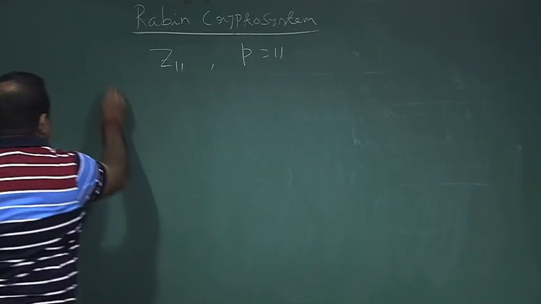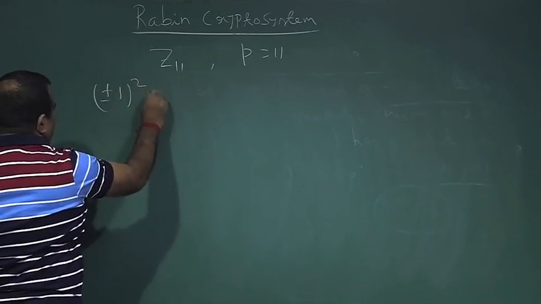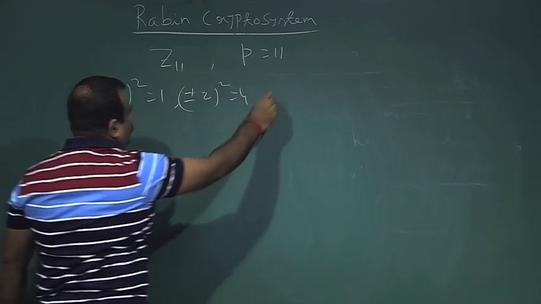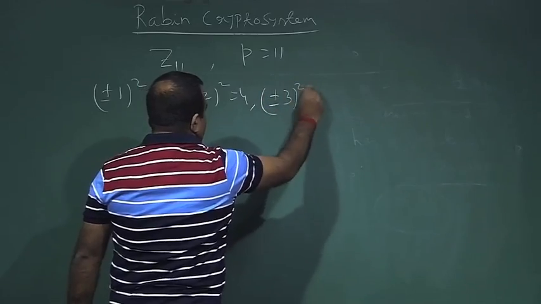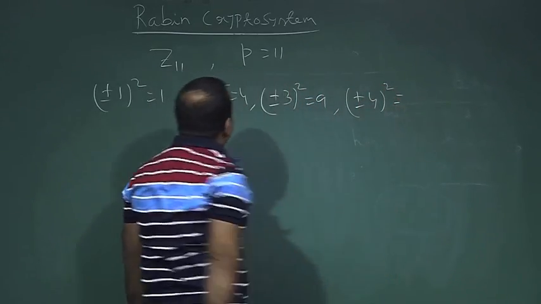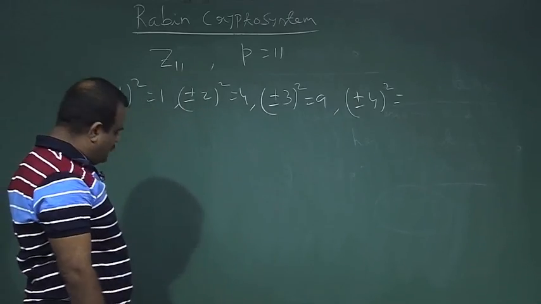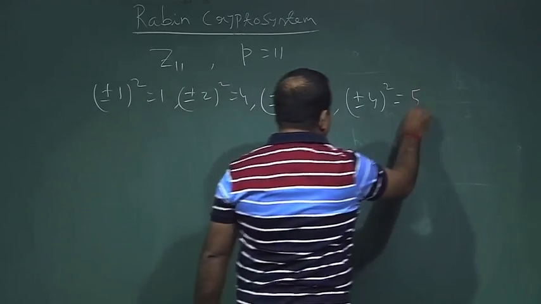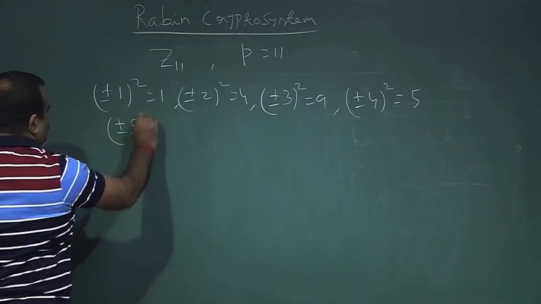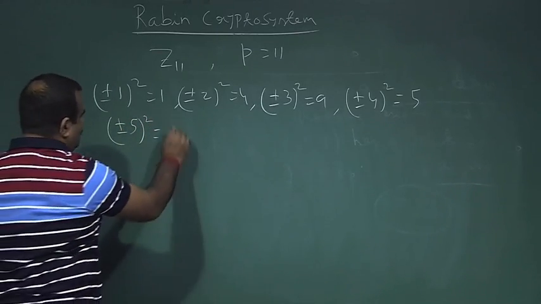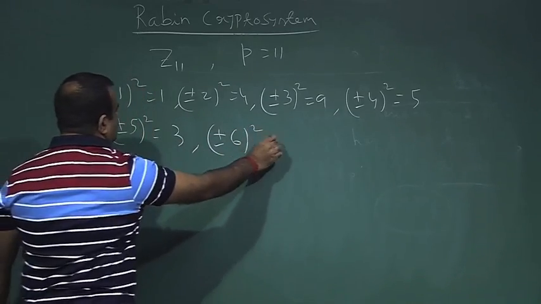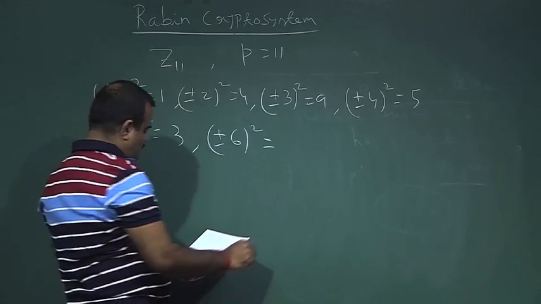Plus minus 1 square is 1, plus minus 2 square is 4, plus minus 3 square is 9, plus minus 4 square is 16, but under mod 11 it is basically 5. Then plus minus 5 square is basically 3, plus minus 6 square is 36, then mod 11 it gives us 3 again.